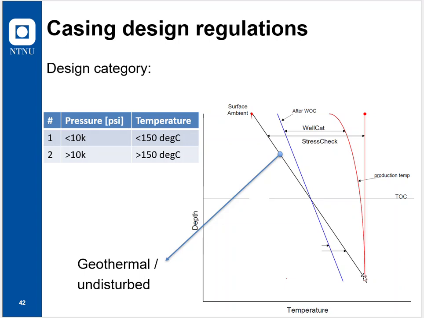Simplifying how you model the temperature, StressCheck is saying that it's the same as the reservoir, basically. A simplification that in situations where you have HPHT conditions will exaggerate the stress that you're having, and you would typically select tubulars that are too extreme.